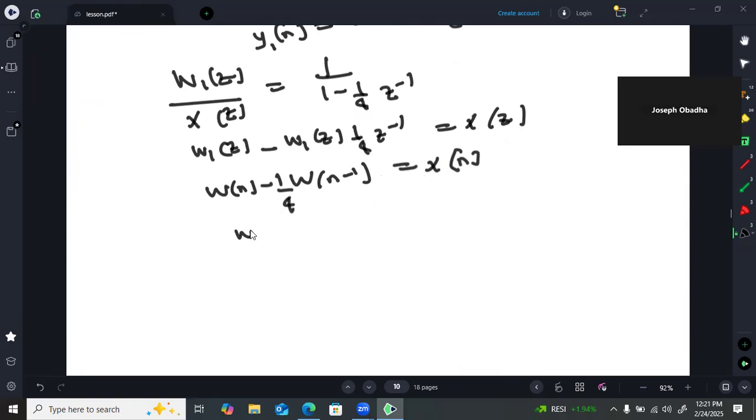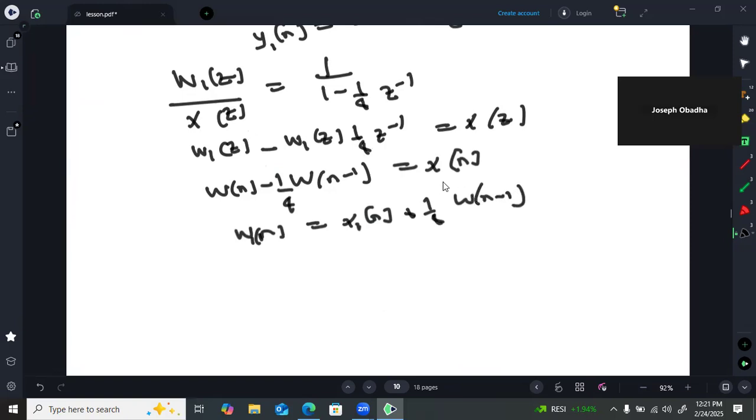Actually it doesn't need to be W1 because it's just one. So w[n] equal to x[n] plus 1/4 w[n-1].